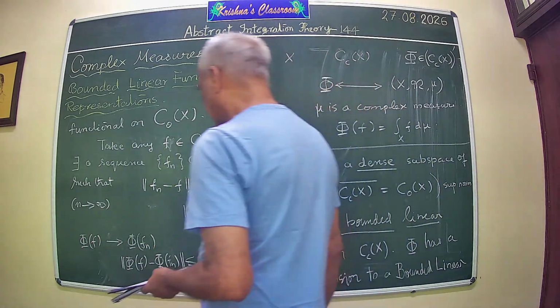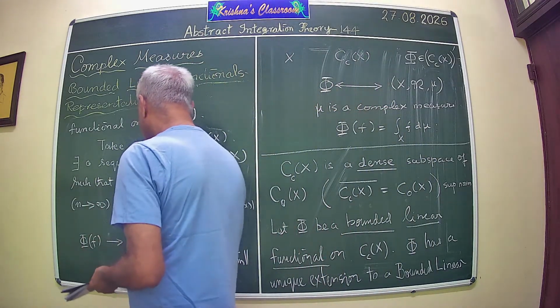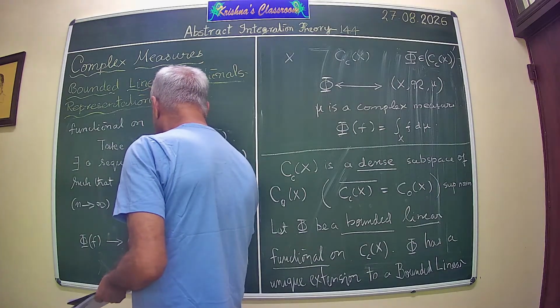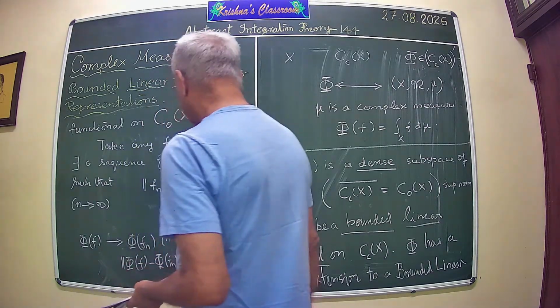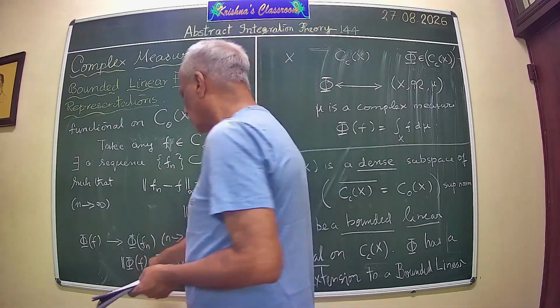Therefore, phi of f n goes to phi of f as n tends to infinity, since the norm difference goes to 0.